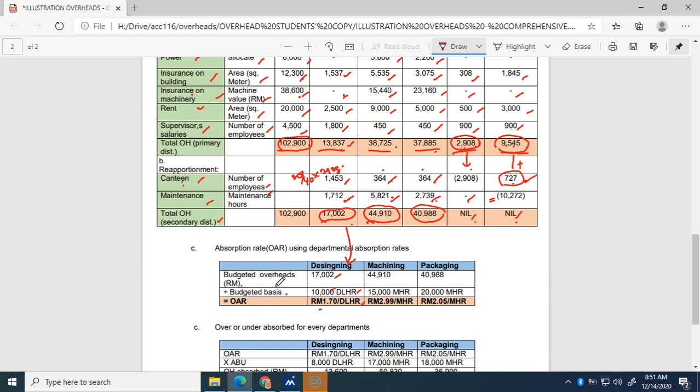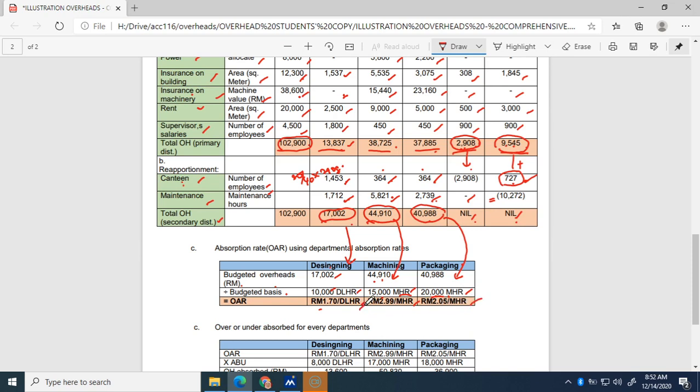Machining budgeted overhead cost from the secondary distribution, 44,910, divided by 15,000 machine hours, so OAR will be 2.99 per machine hour. Packaging overhead budgeted 49,880 divided by 20,000 machine hours, so you get OAR 2 ringgit 5 cents per machine hour.